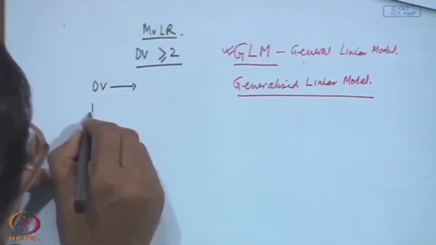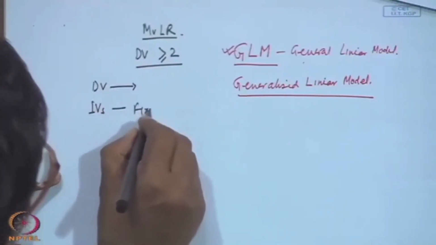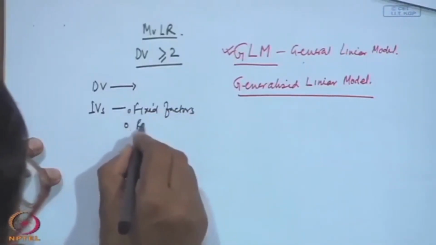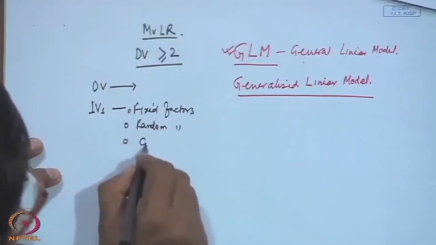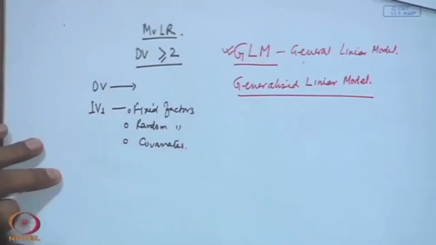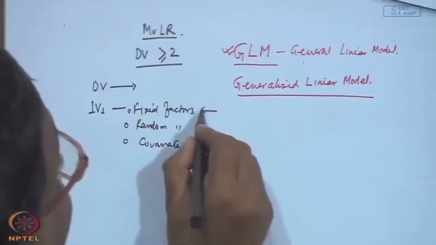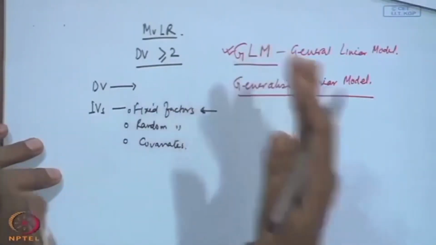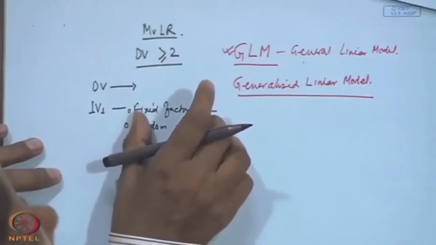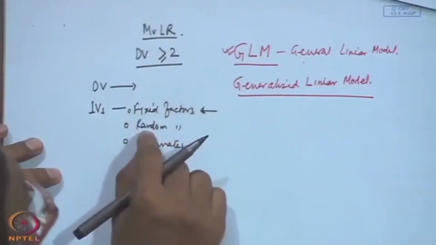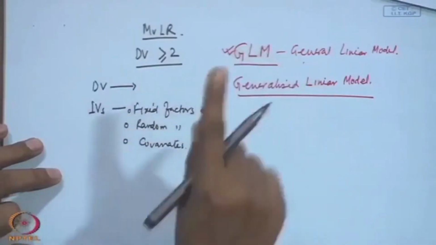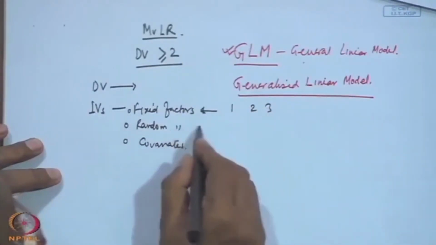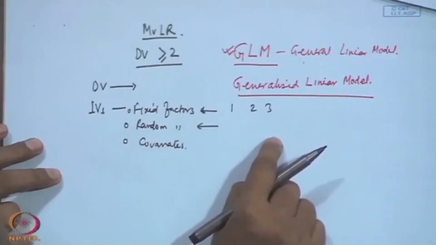Then on the independent side you have fixed factors, random factors, and covariates. What does it mean? Fixed factors are basically the factor with different levels definitely, but these values are fixed. Random means the value may change. Suppose if I say the levels are 1, 2, 3 here, these are fixed, but in the case of random it is not like this. So, there is a random effect model.